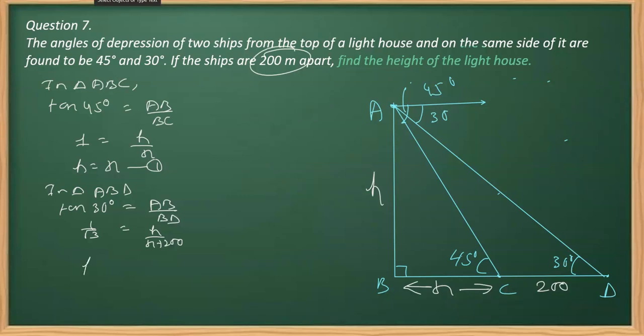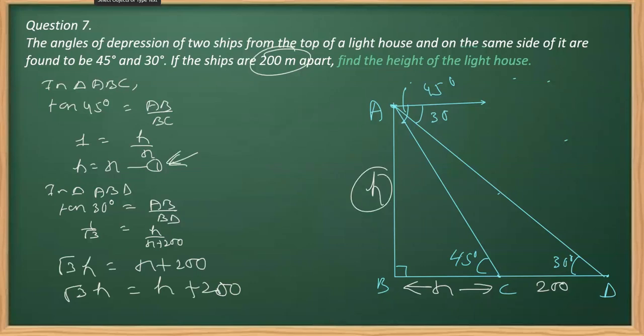With cross multiplication, we can further simplify it. It is root 3 times H is equal to X plus 200, and as you know from the first equation, replacing X with H, what we'll get is root 3 H is equal to H plus 200. Why are we doing so? Because we have to get the value of H. This is what we have to find.